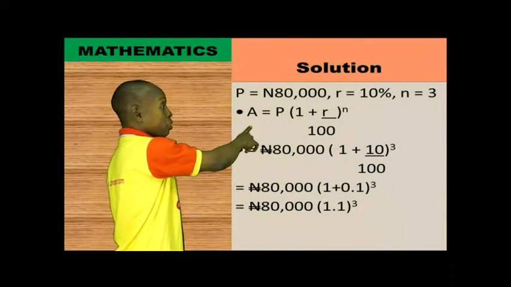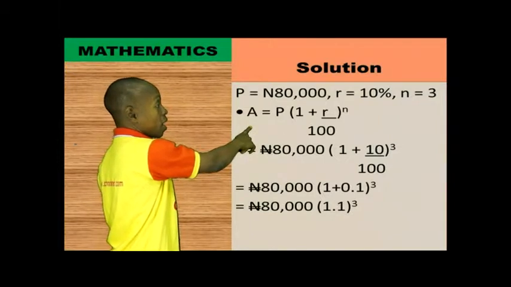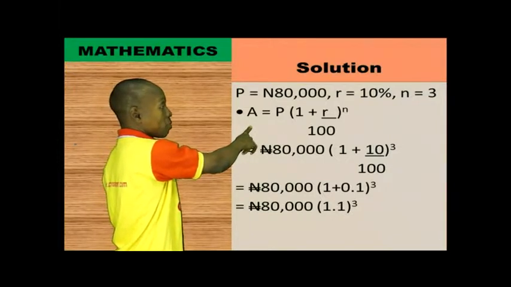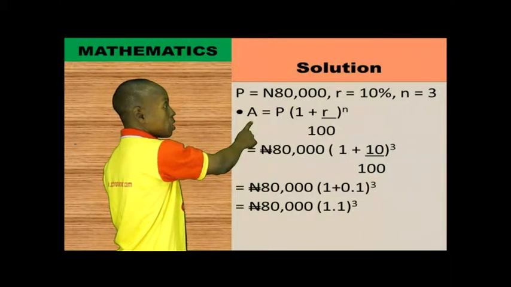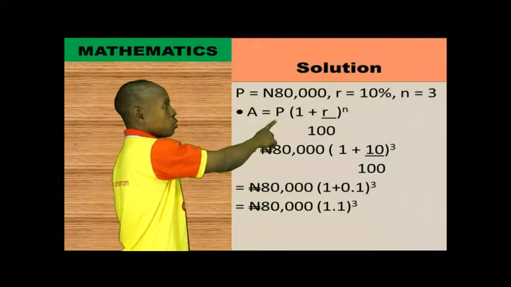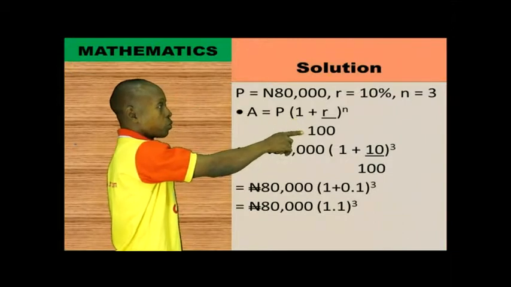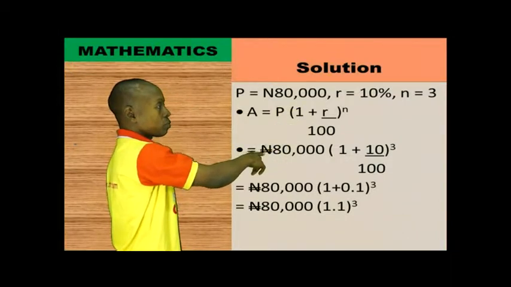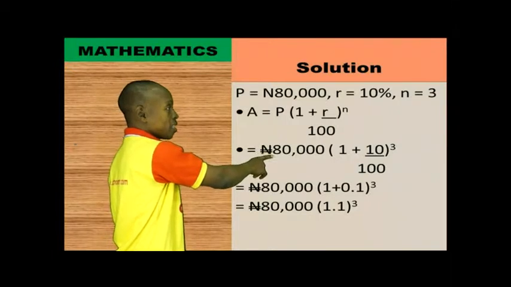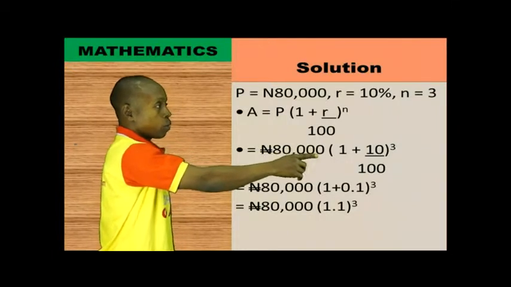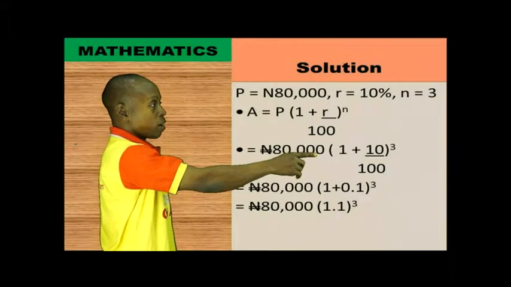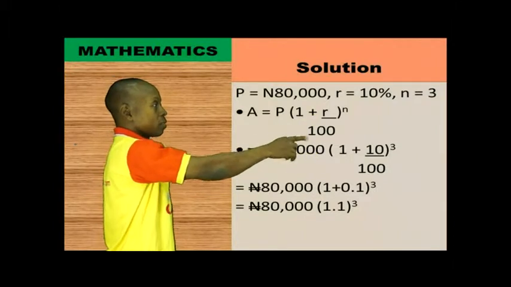So don't forget, I told you in calculating amount or anything in mathematics, you first write out the formula. So this is the formula for the amount. Amount is equal to principal into bracket 1 plus r over 100 raised to power n. So the principal is 80,000 naira. Then 1 plus the rate, 10 over 100, raised to power 3.